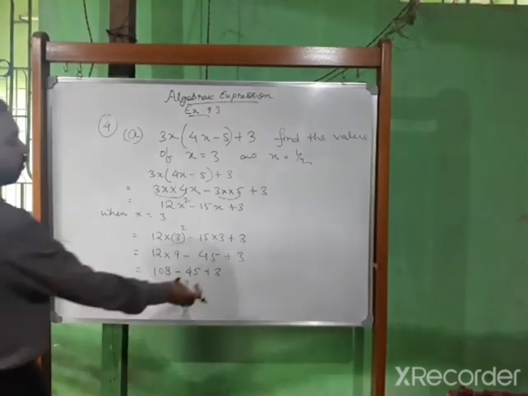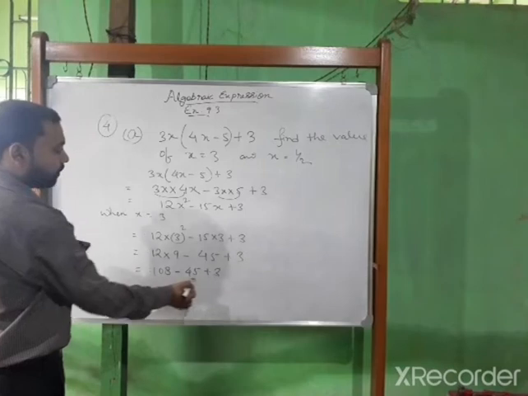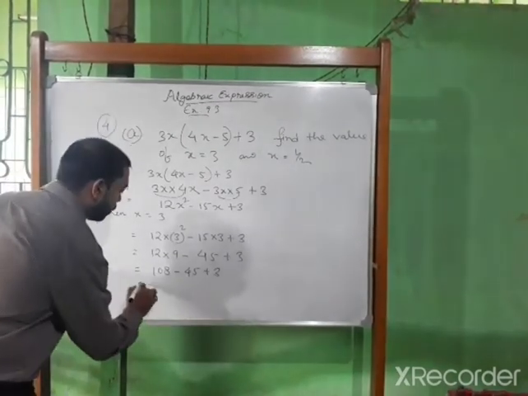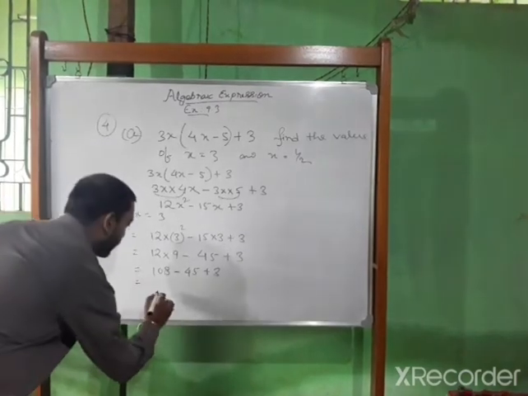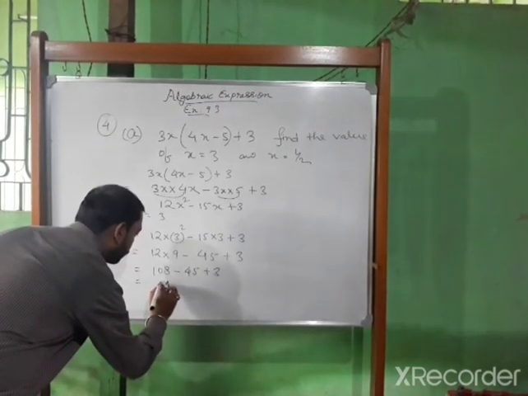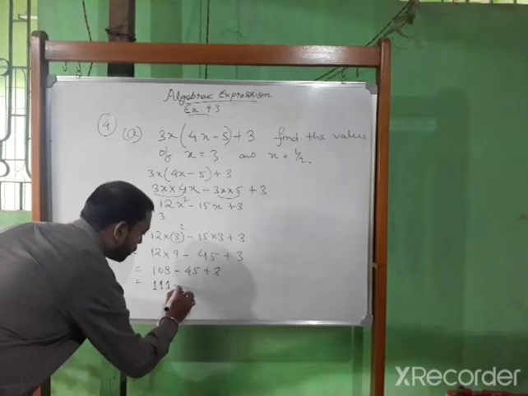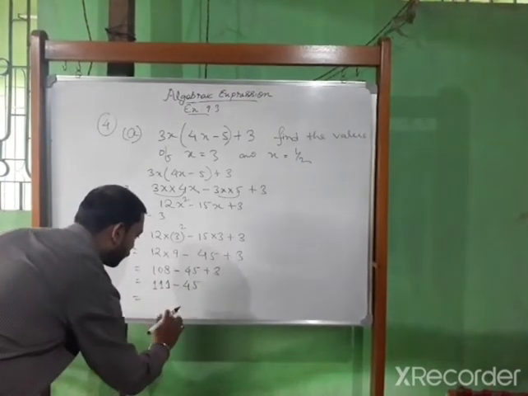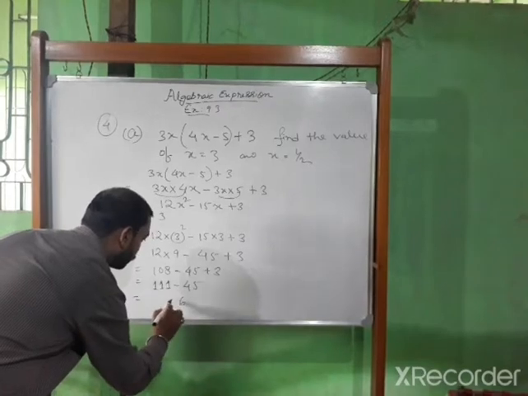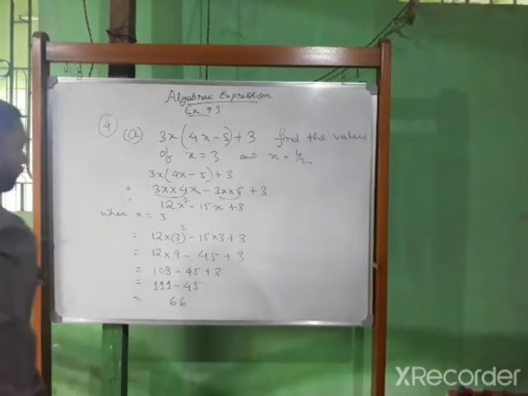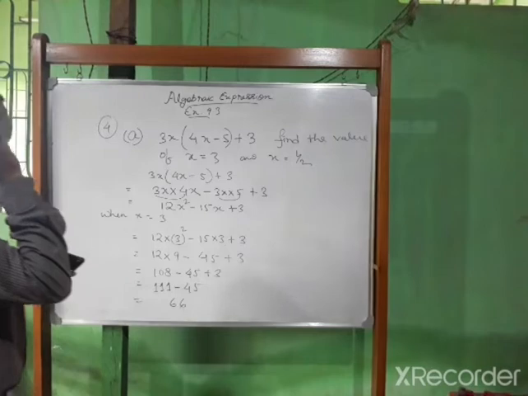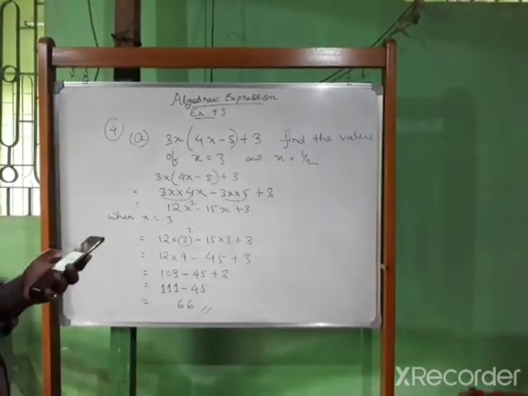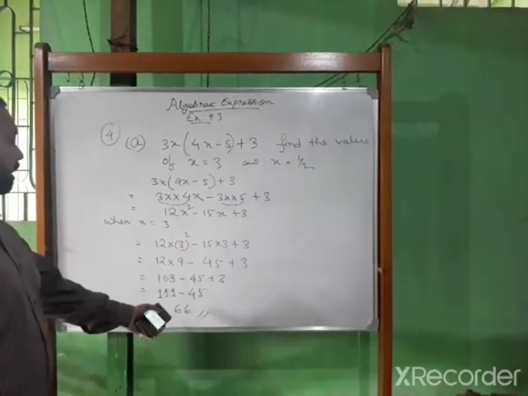Now you can use the Bodmas rule. Add the positives: 108 plus 3 is 111. Then subtract 45 from this. So the answer will be 66. So when the value of x is 3, the answer is 66.